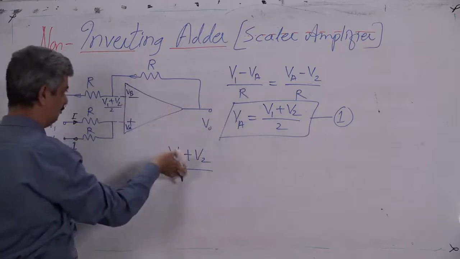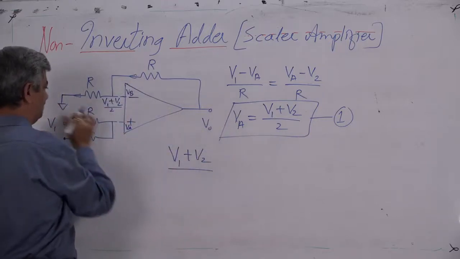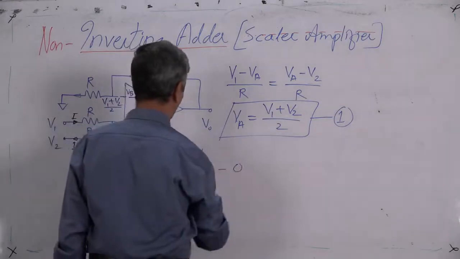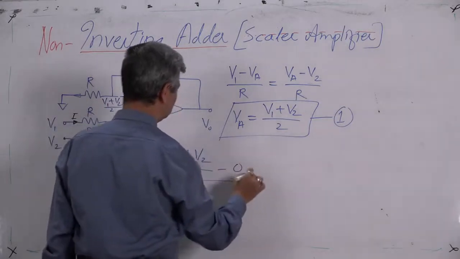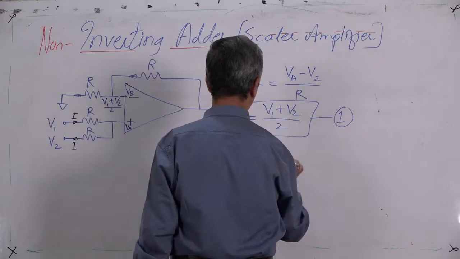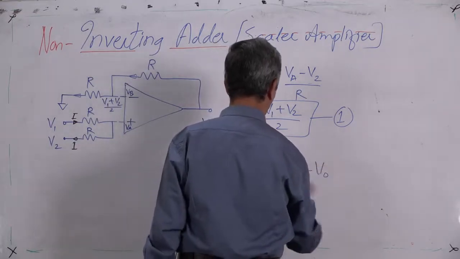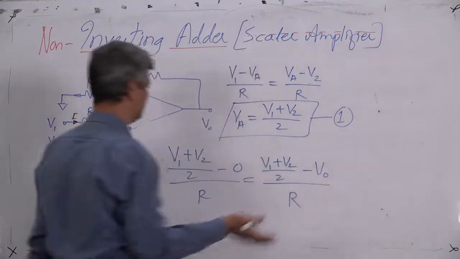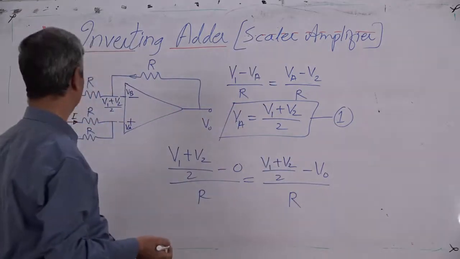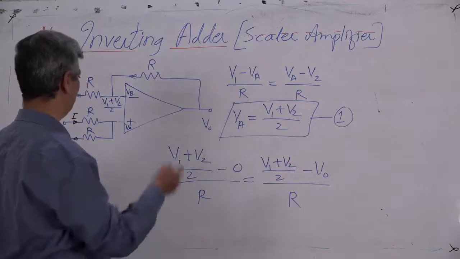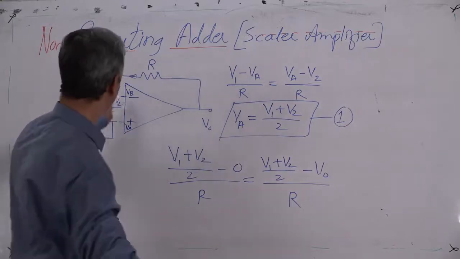We can derive it separately also. (V1 plus V2) upon 2 minus 0 upon R is equal to (V1 plus V2) upon 2 minus VO upon R. Oh, we made a mistake, we have assumed this direction of current.